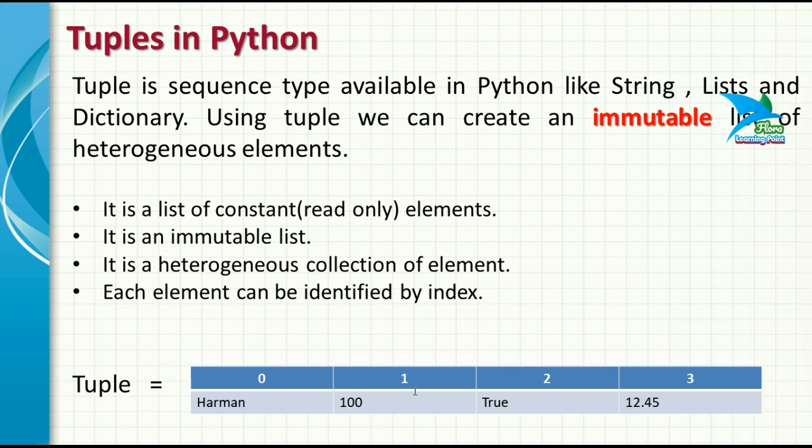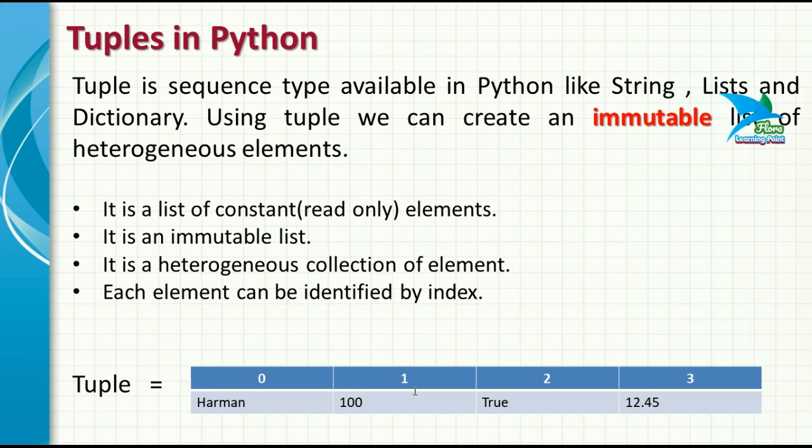That's why a tuple is known as a list of constants, or read-only elements. Second, it is an immutable list, and immutable means you will not be able to change or update the value of a particular element.